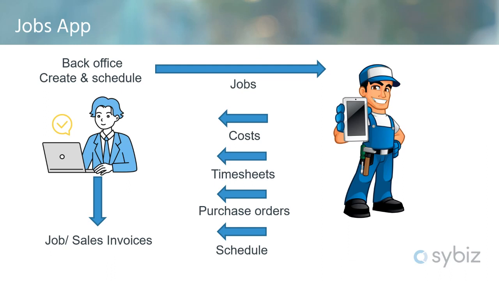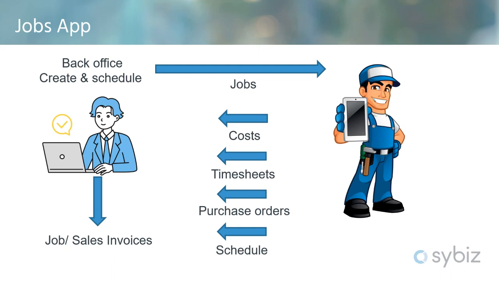But again, just to give you the lay of the land where the Jobs app fits, essentially the back office will create and schedule the jobs, and they can then be picked up by the person with the app who has the ability to do job cost transactions against those jobs, and also perform timesheet entry and purchase orders associated with those jobs. And if there's some follow-up required, they do have the ability to schedule their own appointments or schedule appointments for other people as well using the app.